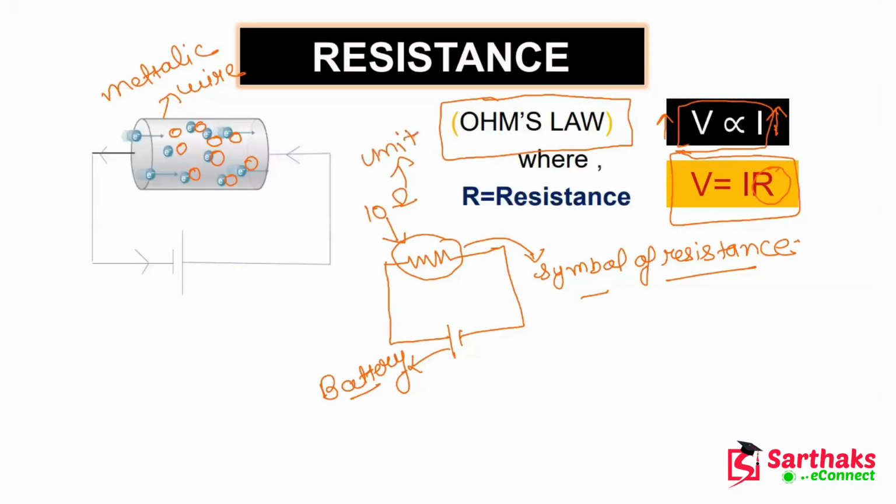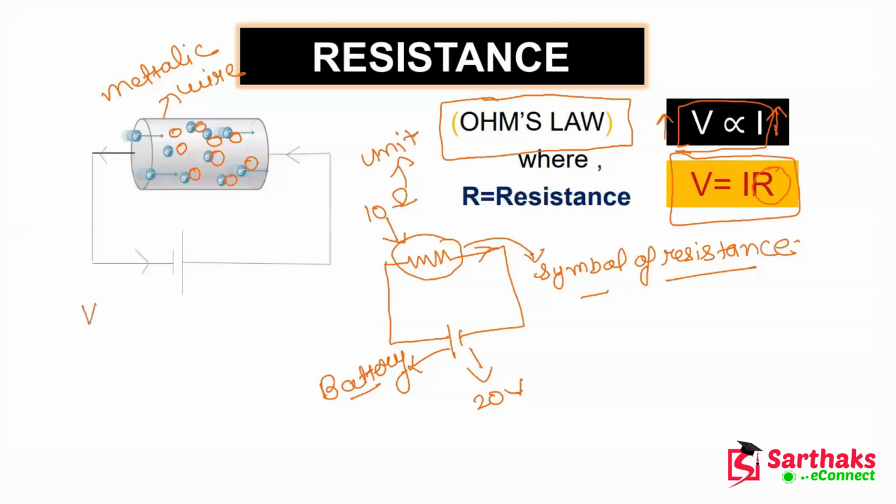So basically there is 10 ohm resistance, and let's suppose the potential difference of this battery is 20 volt. The voltage of the battery is constant, and the resistance is constant. So now the current will depend on these two quantities. How?